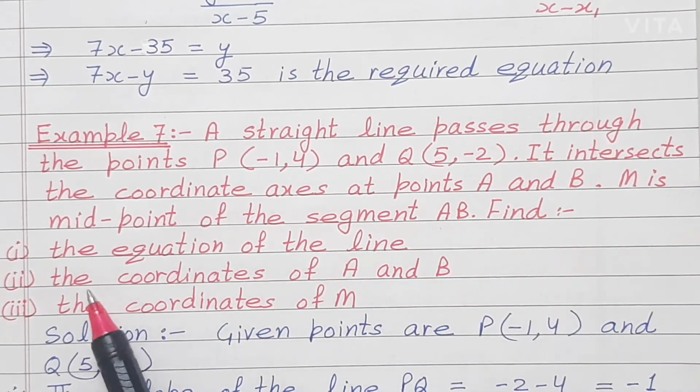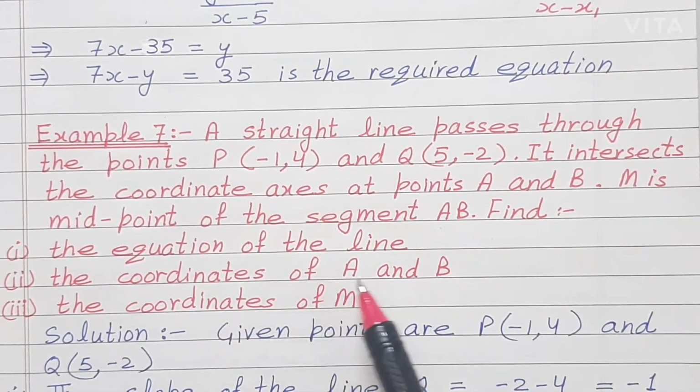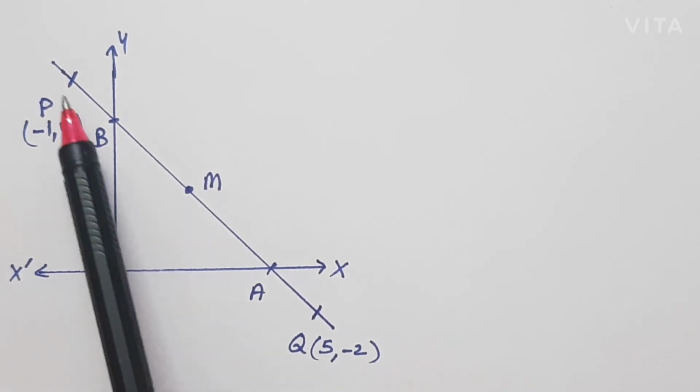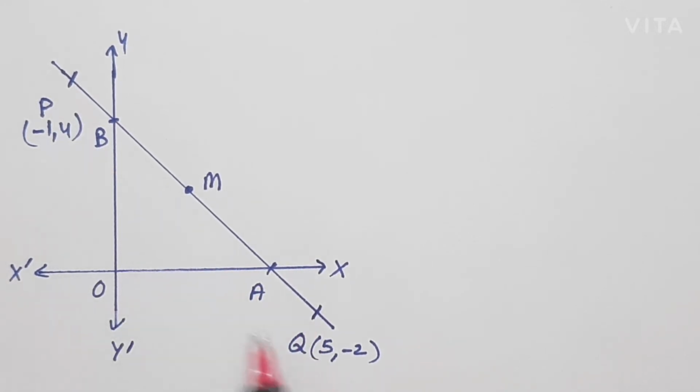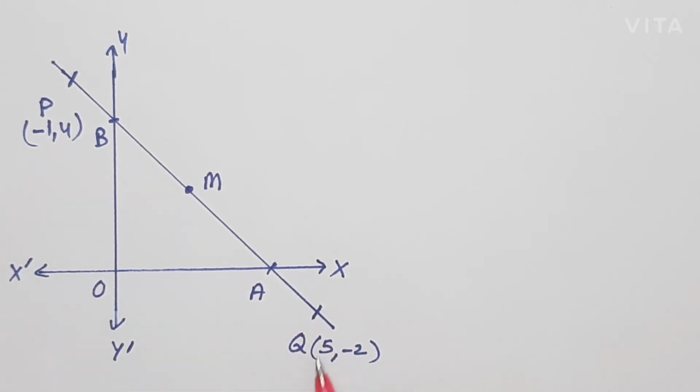Find the equation of the line, the coordinates of A and B, and the coordinates of M. Now students, we can see there are 2 points given, P and Q, where P is (-1, 4) and Q is (5, -2).